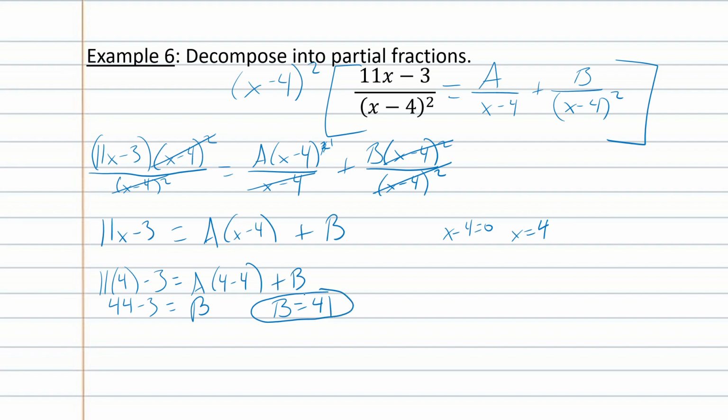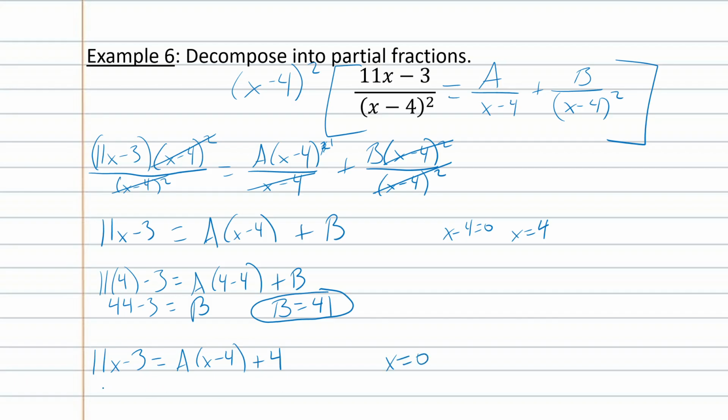I found my B. Now I can just plug my B value in. So I've got 11x minus 3 equals A times x minus 4, and then here, B equals 4, so it's just going to be plus 4. And I can choose any x value that I want to here. I'm going to choose x equals 0.